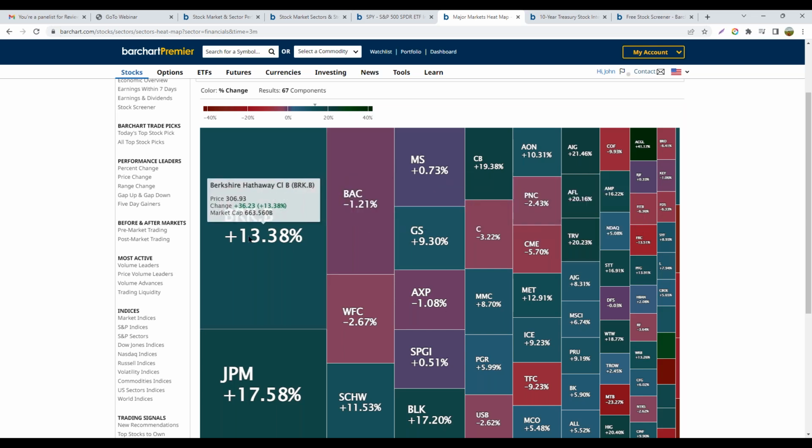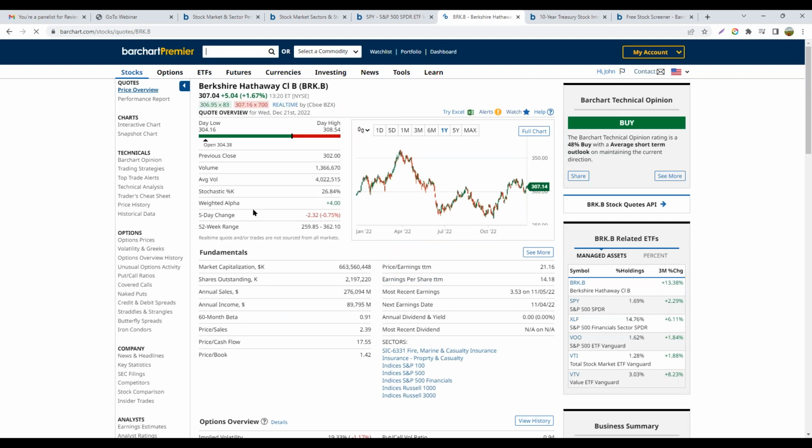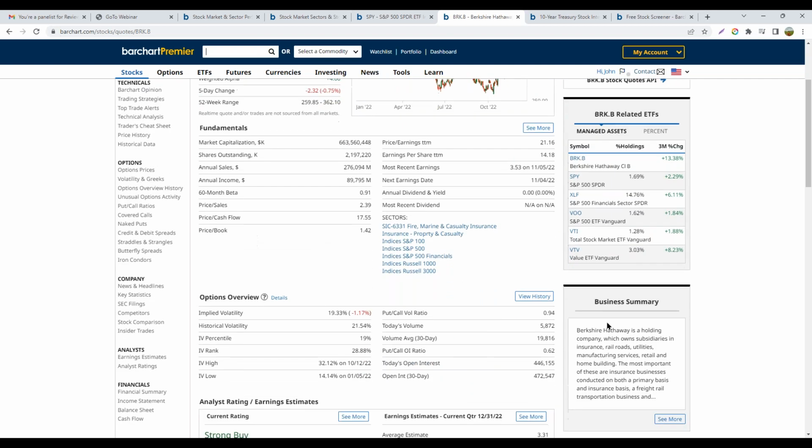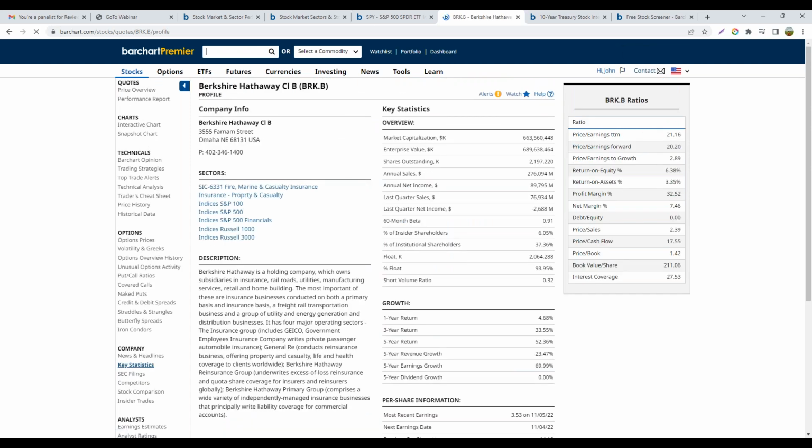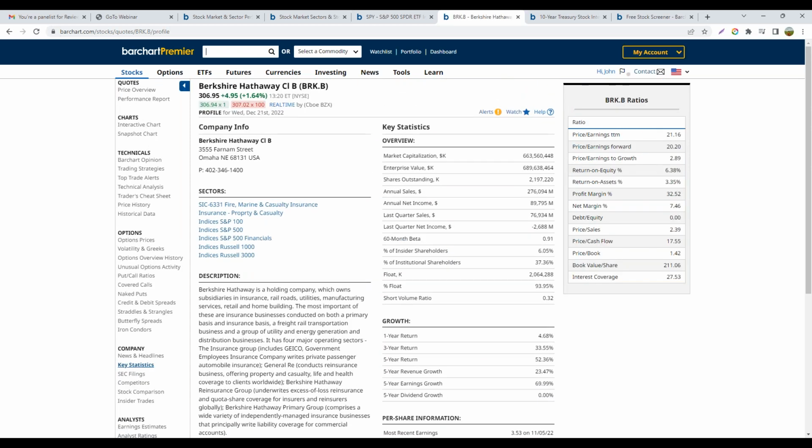And Berkshire Hathaway. So if you're not familiar with this stock, Warren Buffett, if we just click on this and go to the Berkshire Hathaway page and look at what businesses Berkshire Hathaway is in, they have a lot of businesses, but you can see it says down here their most important are in the insurance business.